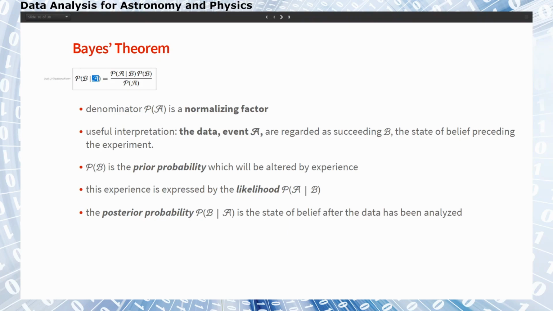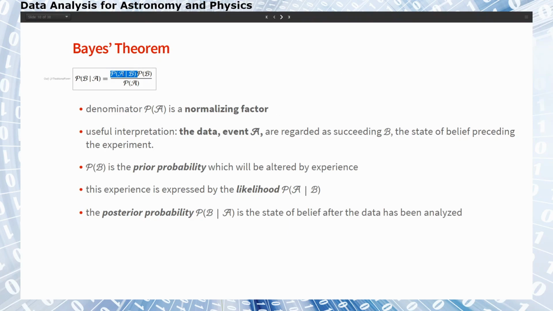The probability of B here is called the prior probability, which can be changed by additional data, can be altered by experience. Experience is expressed by this conditional probability, which is called the likelihood.